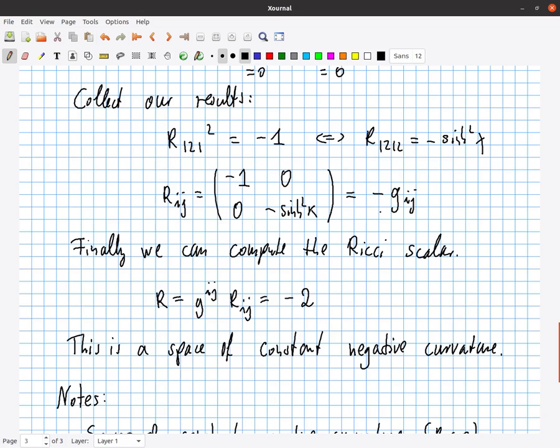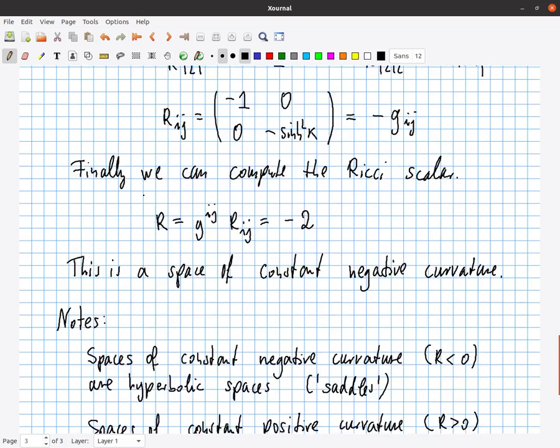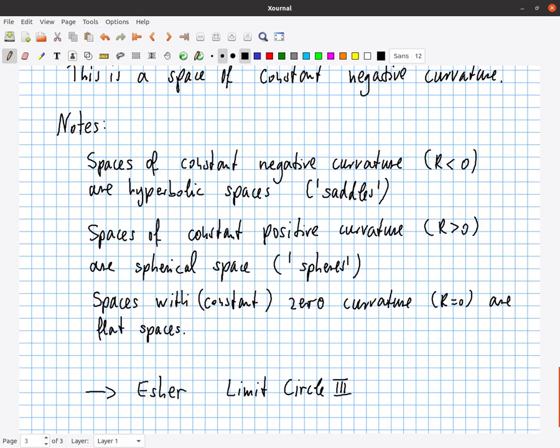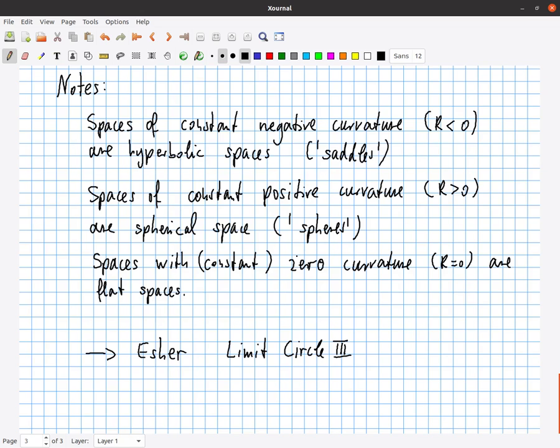This happens very rarely. So there are very few spaces that satisfy this. It's these three types of spaces, and no other space ever satisfies that. So have a look at this and make sure that you can compute Christoffel symbol components and Riemann tensor components for a given line element. Thank you for today.